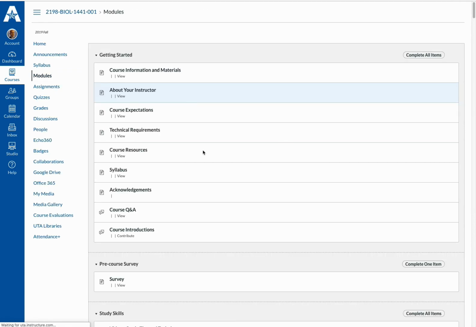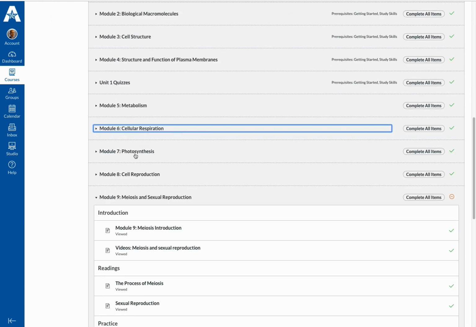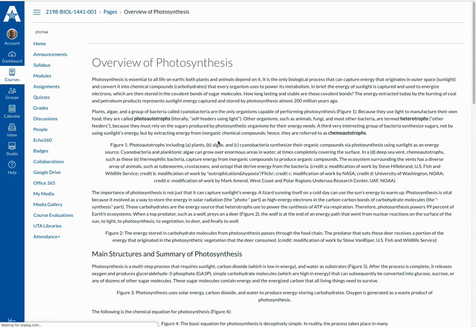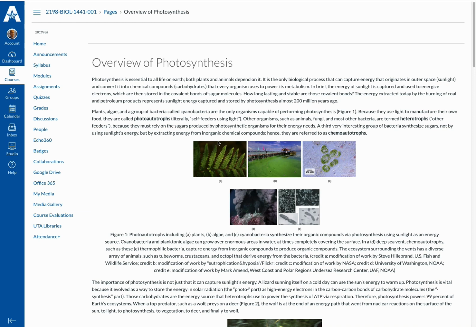All right, now let's talk about photosynthesis. Photosynthesis basically means getting energy from sunlight, and we call those photoautotrophs, or just autotrophs.